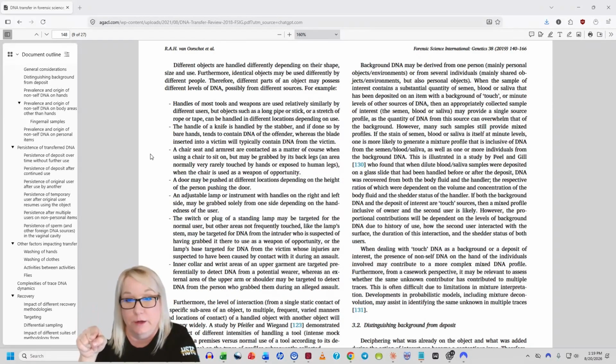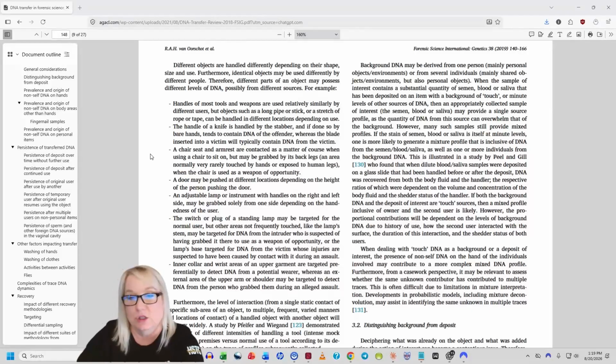That's what it's talking about here. That minute one is more likely, and it's talking about the picnic, the mayonnaise, ketchup, or water, but it's the same type of thing, that a mixture can be mixed up with the background DNA and the new DNA. So you can't tell whose is what.